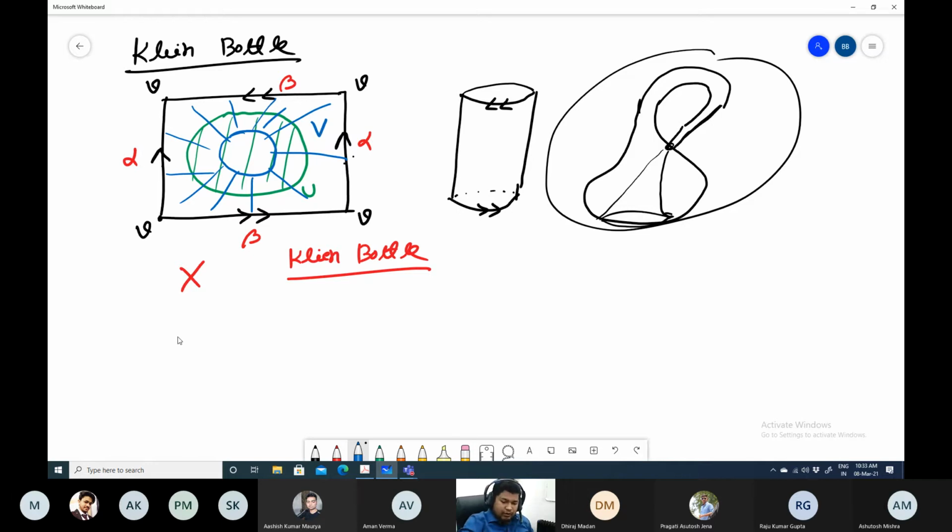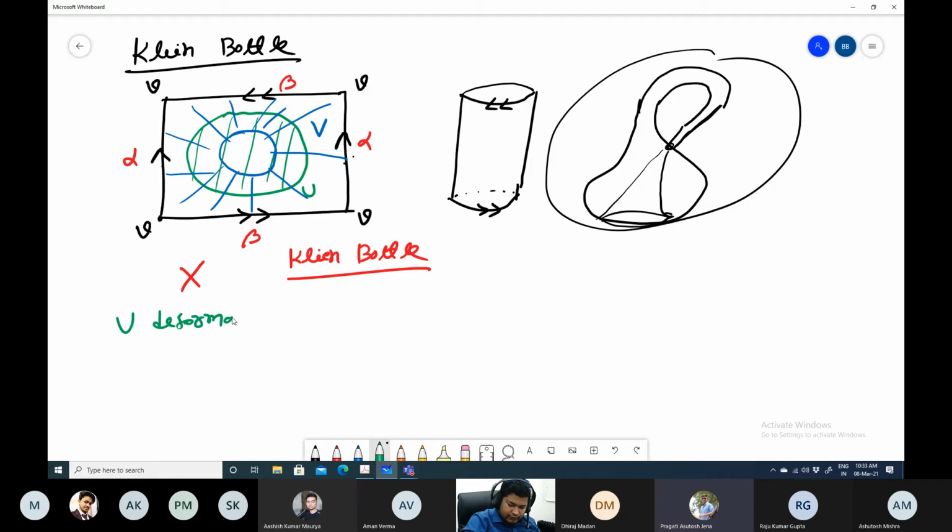Now tell me what is the fundamental group of U, and why? It is 0. Yes. Why is it 0? We can deformation retract it to a single point.